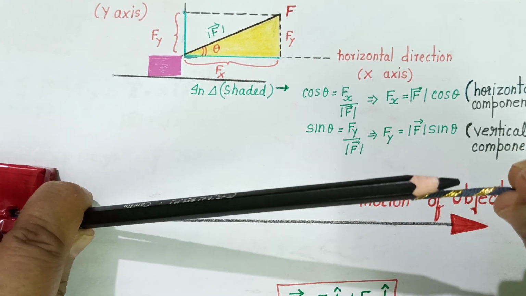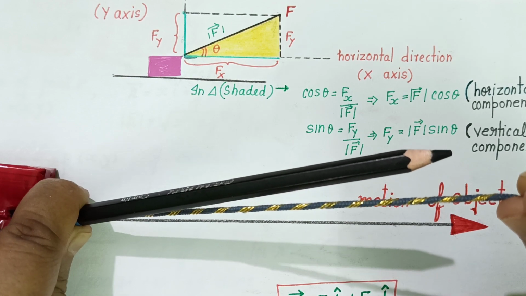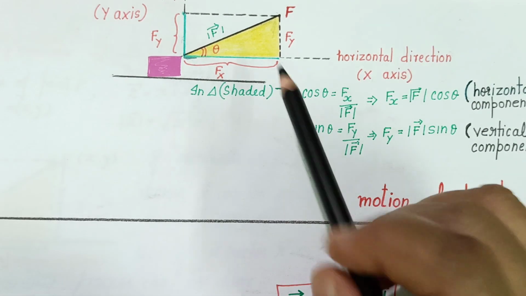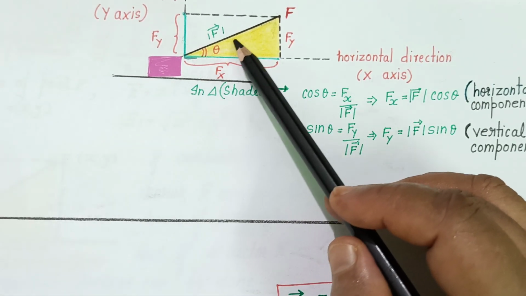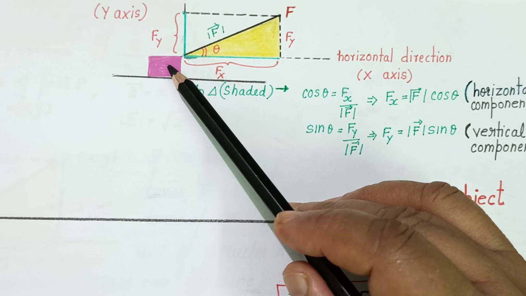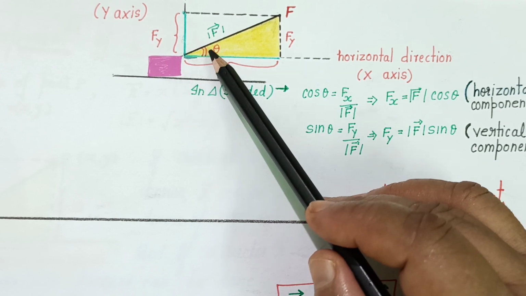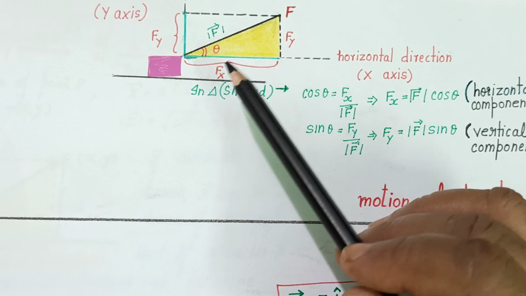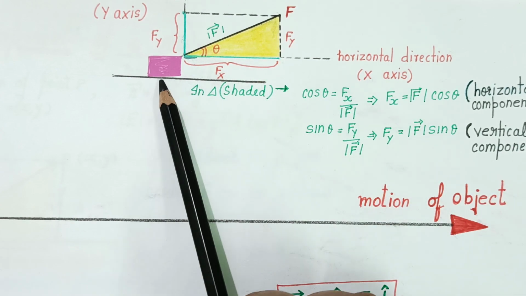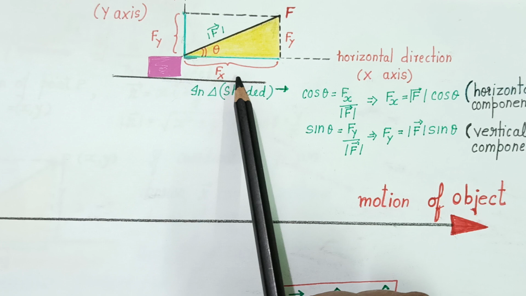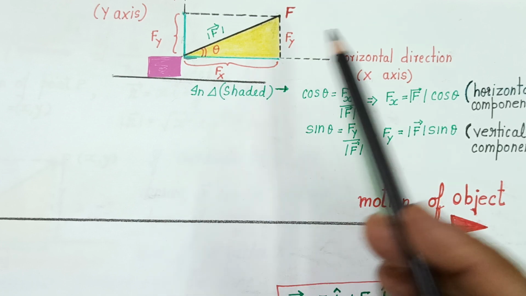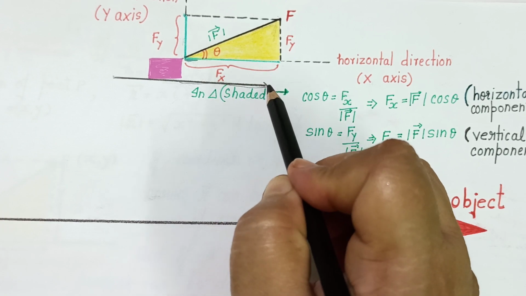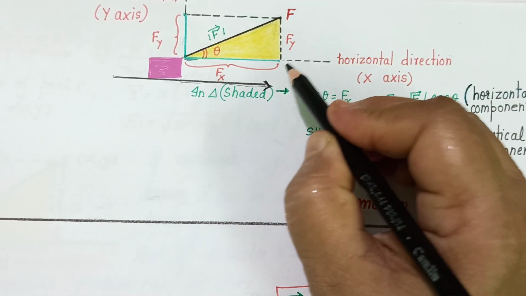So finally, what is the conclusion, beta? The conclusion is that if we apply a force on an object at some angle theta from the horizontal, then also the object shows motion in the horizontal direction, this direction.